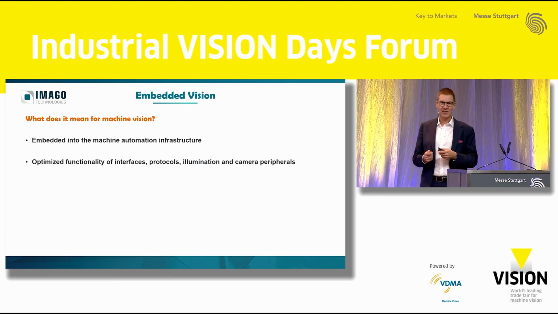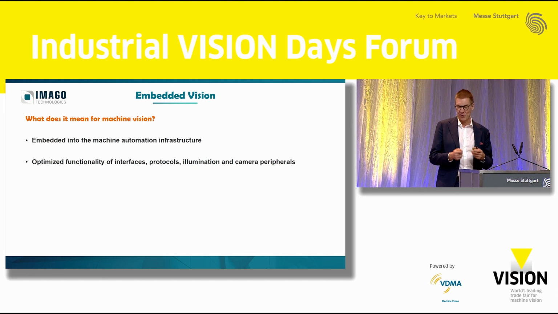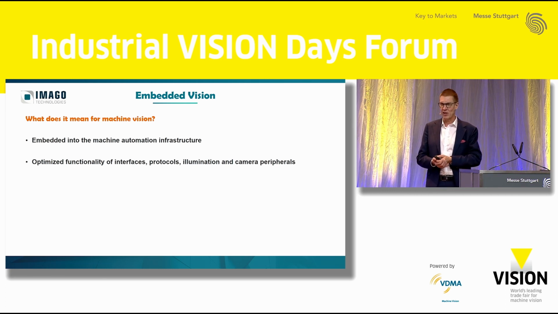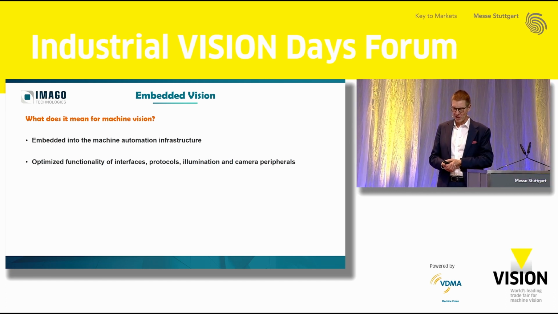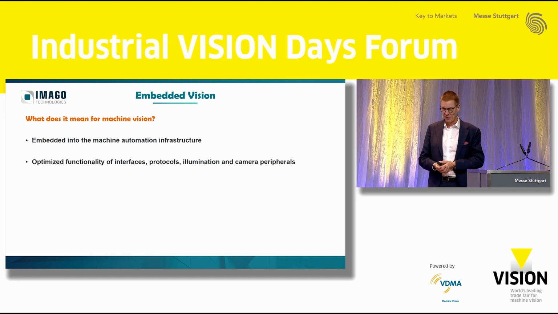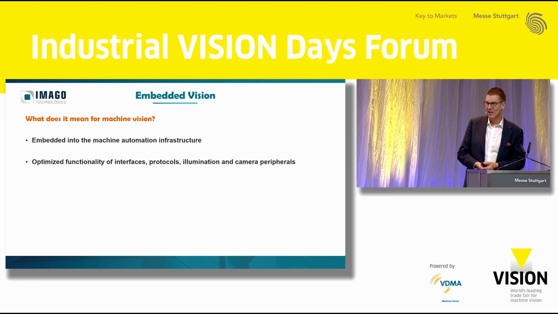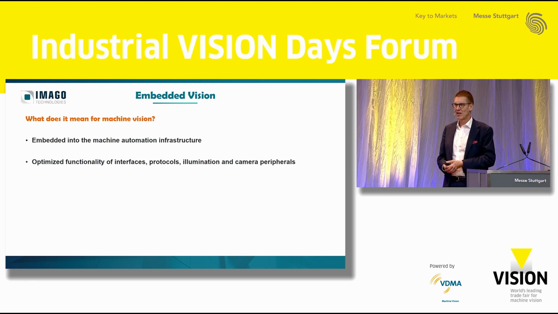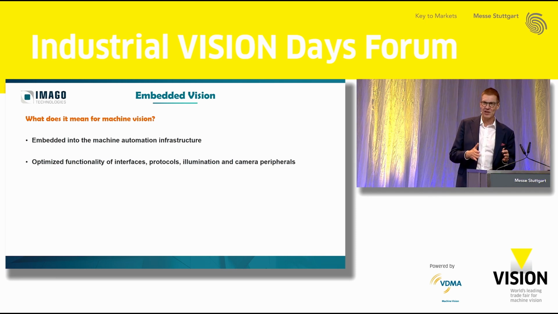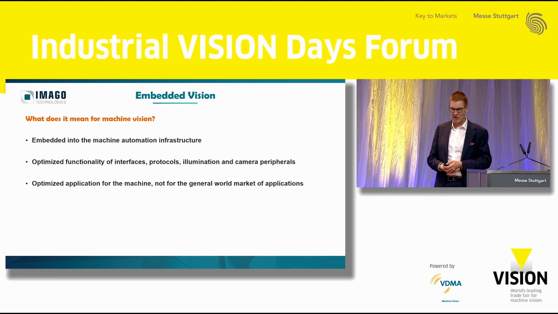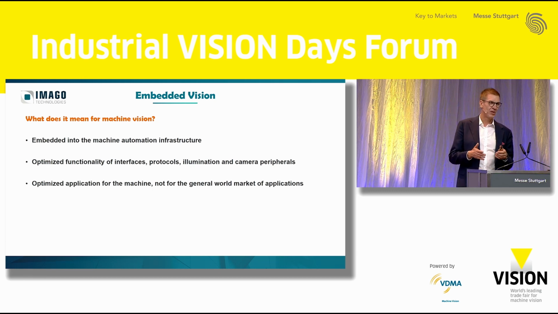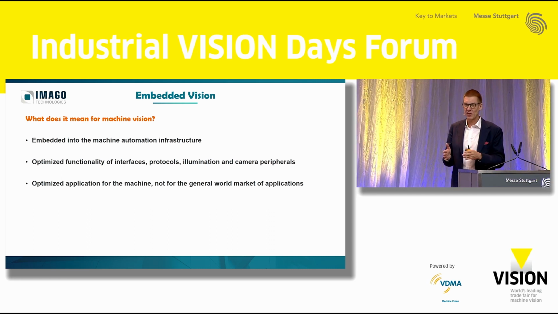We optimize not only the camera interfaces or some specific computer infrastructure, but also machine interfaces, some protocols, the control of the illumination, the camera peripherals. So everything is optimized for a specific application in a machine or in a device. And this optimization is for your application, and this is a different approach.